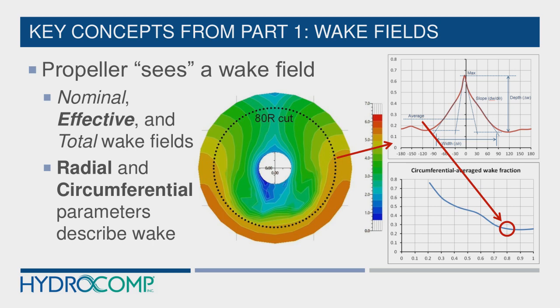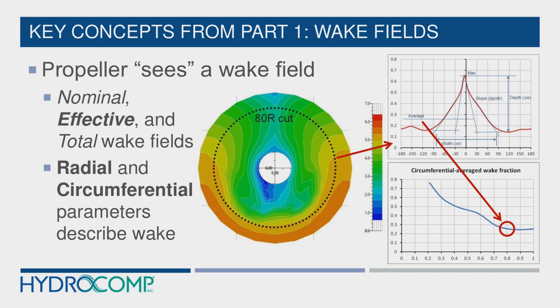But we broke up our wake field into radial and circumferential parameters. So what we do is we take the full propeller disk, all the velocities, and we take a cut. And I'm using the 80% radius cut here as an example.